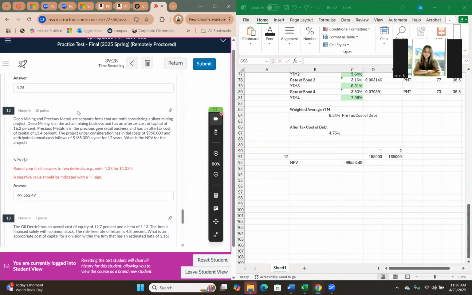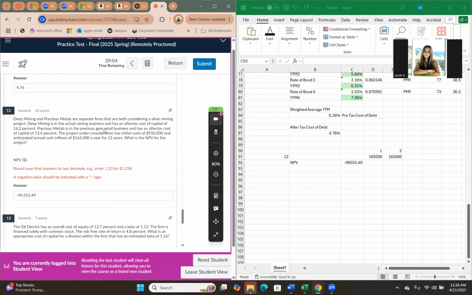The thing she's stressing with you right here is to figure out what cost of capital to use, what rate to use. So we've used the 16.2% because that's the one that makes the most sense for this project. Deep Mining is an actual mining business and has an after-tax cost of capital of 16.2%.